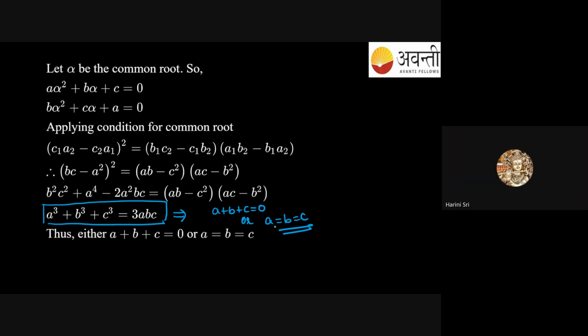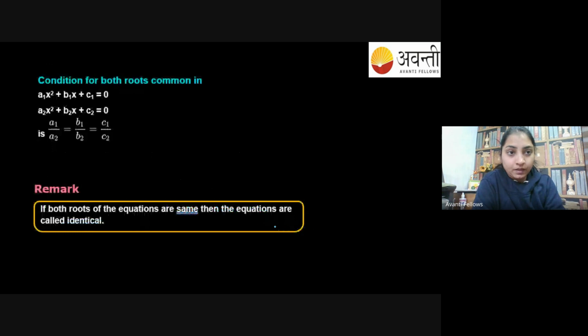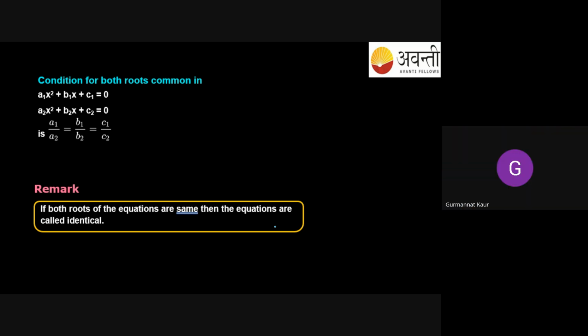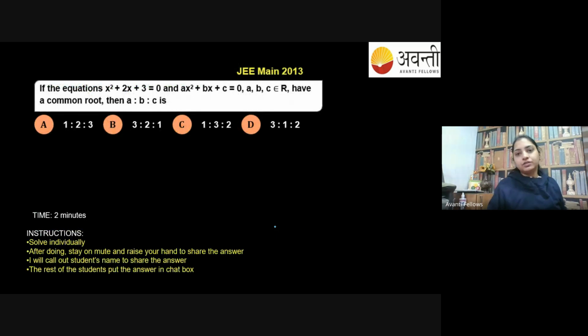Okay. So the conditions for when both roots are common are clear to everyone? We will just equate the ratios. So can you attempt this question? It's from 2013.